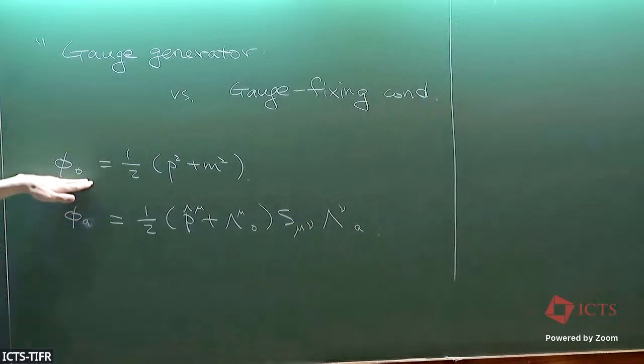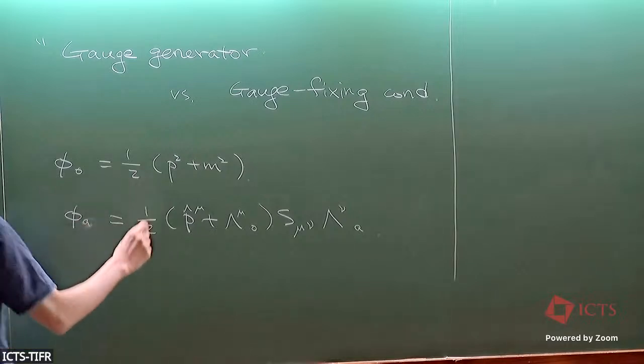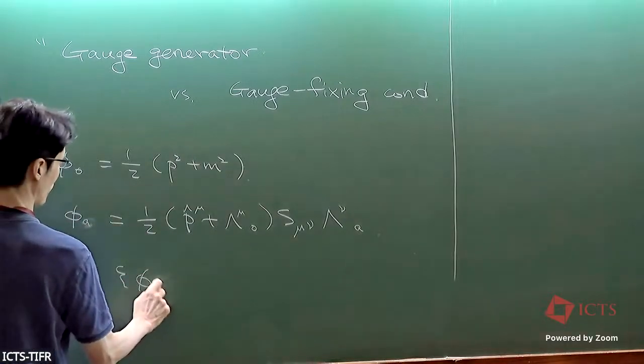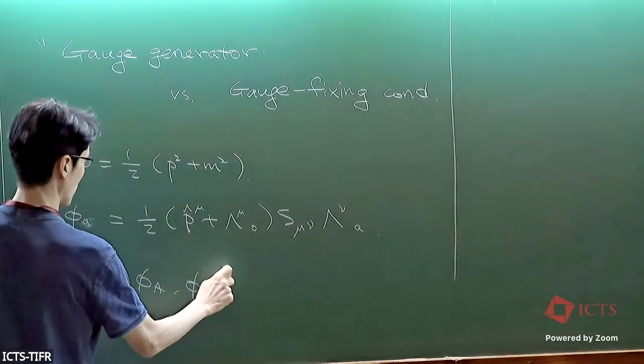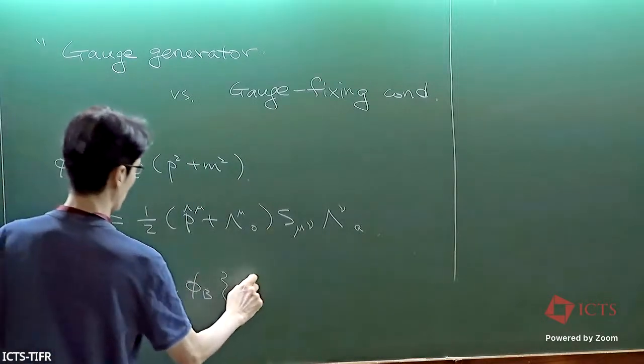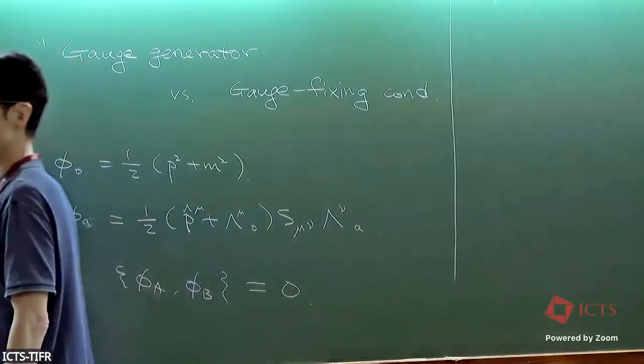Although this phi 0 and this phi a are not related by any symmetry, I'll just combine them as if they are 4-vectors. It's an abuse of notation. No real symmetry there. But anyway, if you compute the Poisson bracket of any of these, they all vanish.